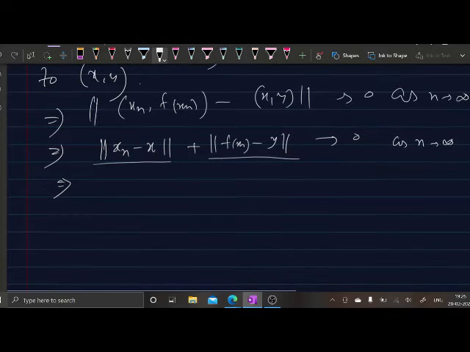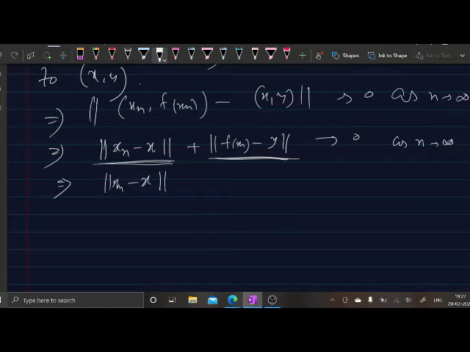Okay. So since these are two non-negative reals and their sum is tending to 0 as n tends to infinity, the respective norms will be tending to 0, as n tends to infinity.